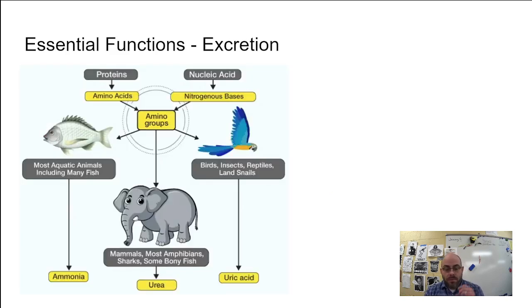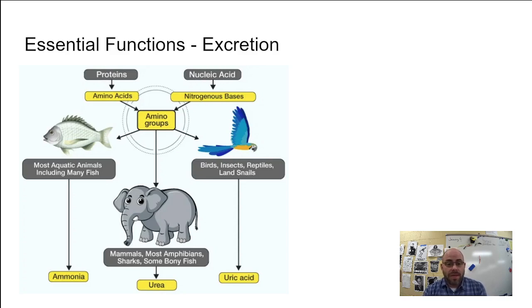Excretion. A lot of times when people see this word, they think the removal of solid waste, which is mostly a digestive function. However, excretion has to do with the removal of nitrogenous waste, which is primarily ammonia, which is NH3. I will write NH3 on the board in my class when I'm lecturing over it. So animals need to figure out how to get rid of ammonia. Some just do this by diffusion.